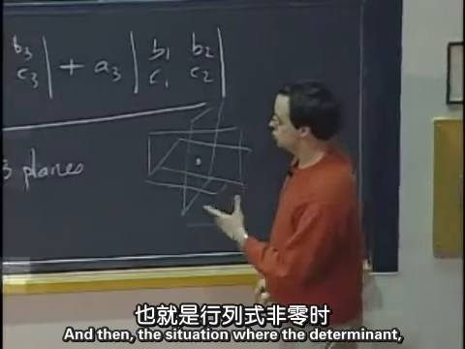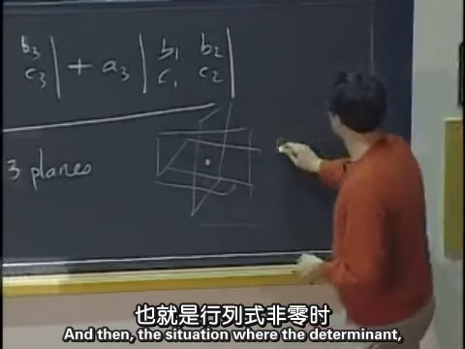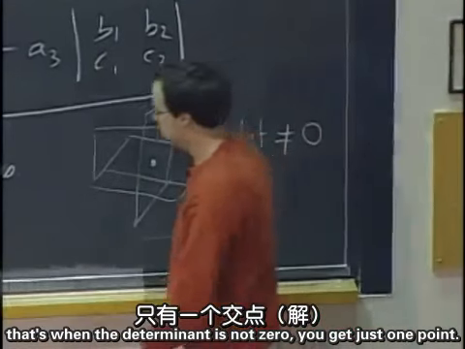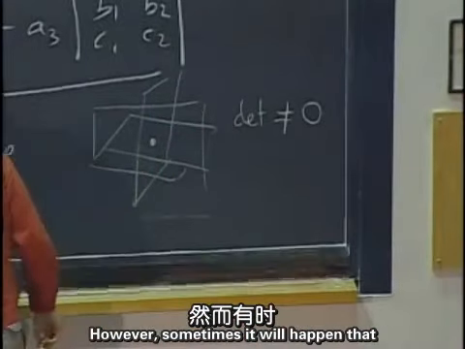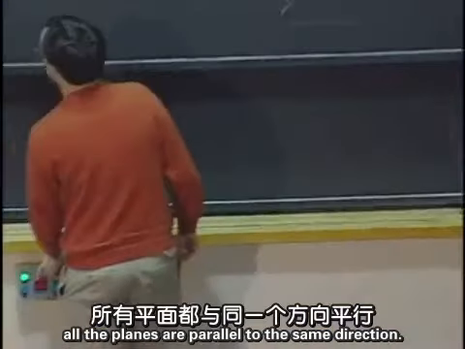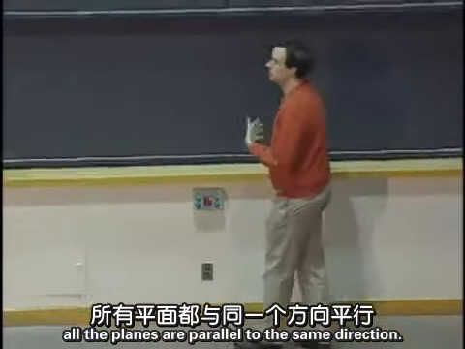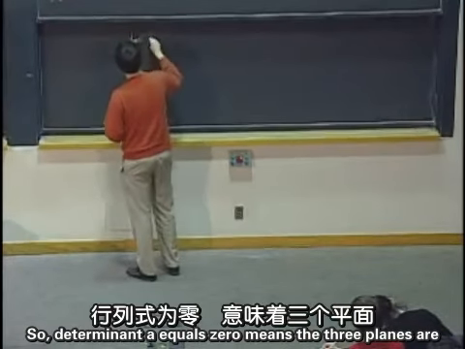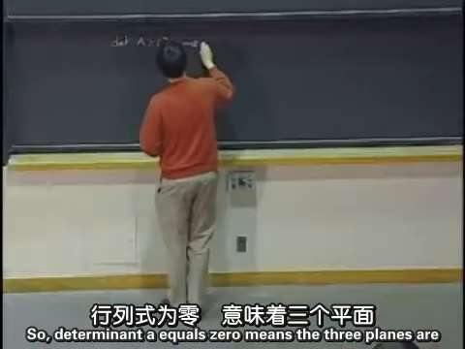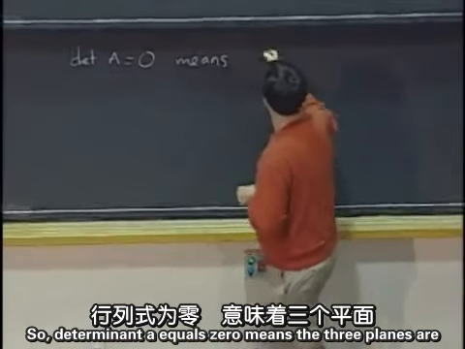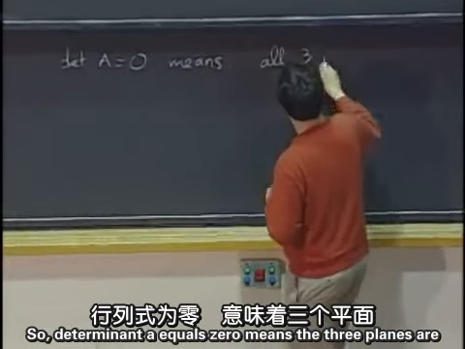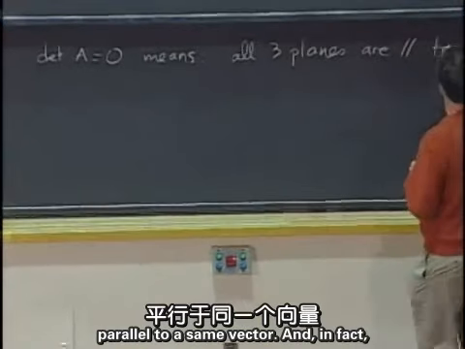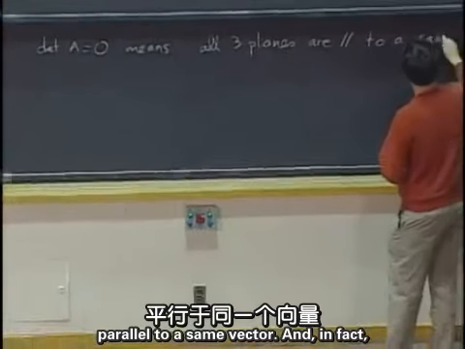When the determinant is not 0, you get just one point. However, sometimes it will happen that all the planes are parallel to the same direction. So determinant of A equals 0 means the three planes are parallel to a same vector.